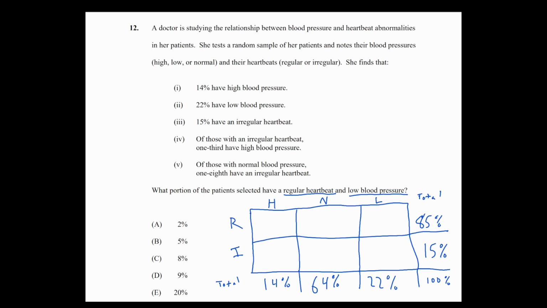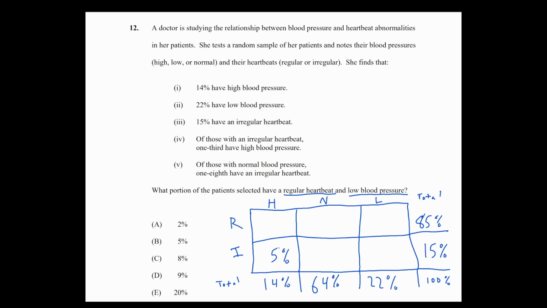Okay, now let's go to point number 4. Of those people with an irregular heartbeat, so this row I, 1/3 have high blood pressure. So 15% divided by 3 is going to be 5%. So HI, those people with irregular heartbeat and high blood pressure, that's going to be 5% of the total population.